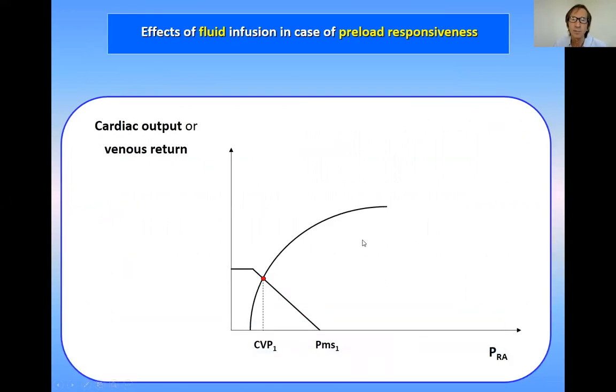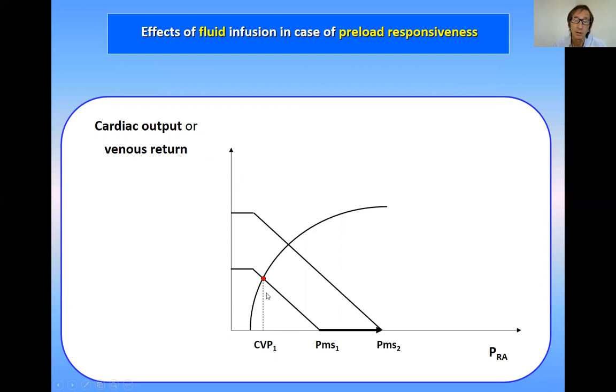Indeed, if the ventricle is operating on the steep part of the Frank-Starling curve, we should have with fluid a shift of the venous return curve, as I showed before, with an increase in the mean systemic pressure.